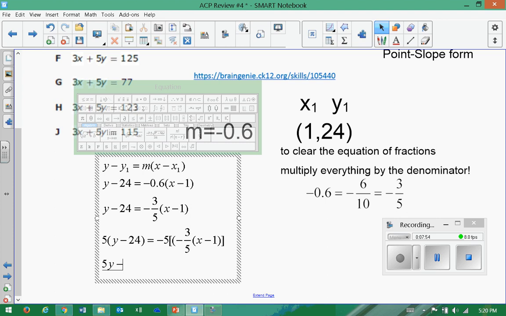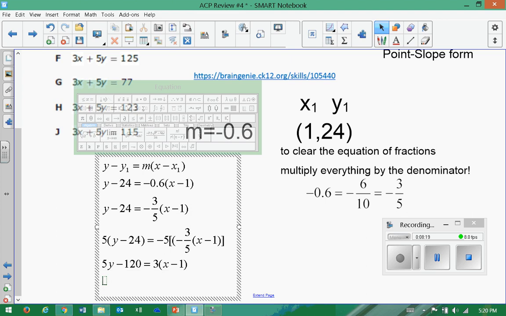So that gives me 5y minus 120 equals, well, the 5 is going to cancel out, and I'm just going to be left with 3 times (x minus 1).